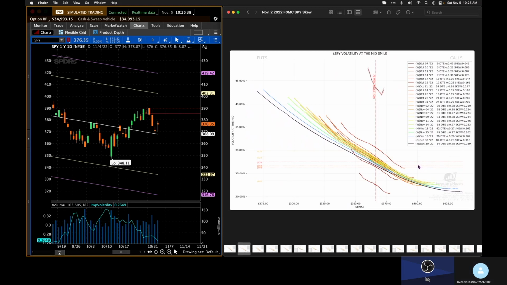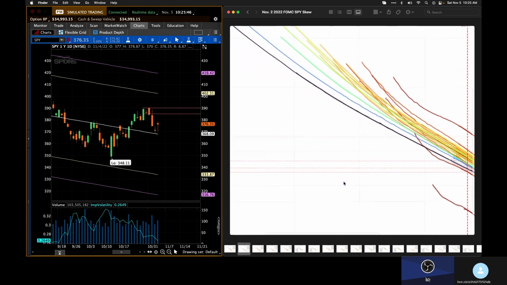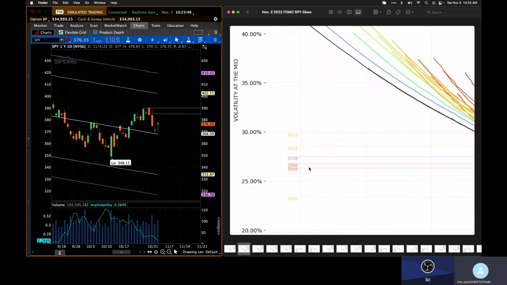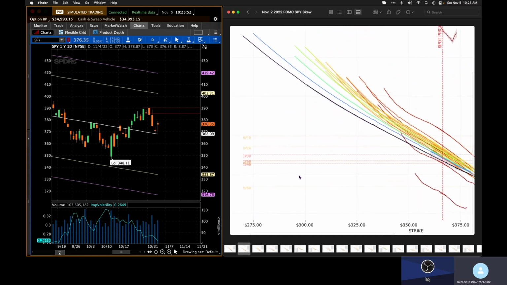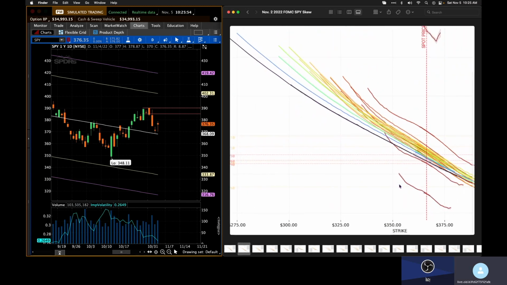Right. And so that's where I'm using the IV lines as well on the left, because if you're looking at IV 30, or even if the strike at the expiry is below IV 90, well, then that's super cheap, right? It is. I mean, these guys were insanely cheap at this point.